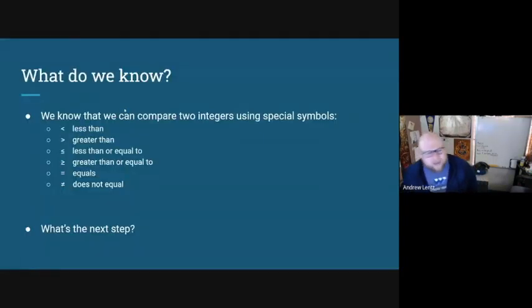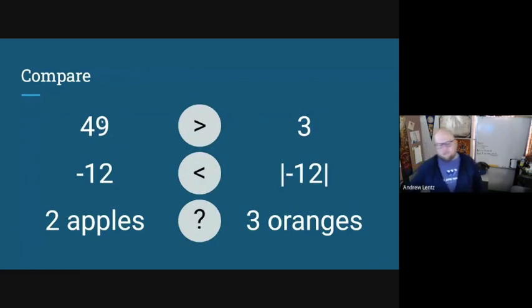So we're talking about the idea of a ratio, and we use ratios to compare things, compare stuff in the real world. And last week we talked about our comparing symbols that we have: less than, greater than, less than or equal to, greater than or equal to, equals, does not equal. We reviewed all those last week, and we used those to compare quantities.